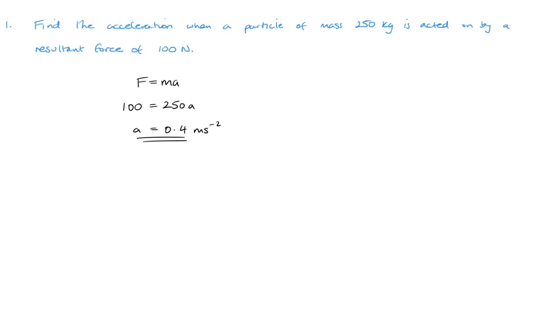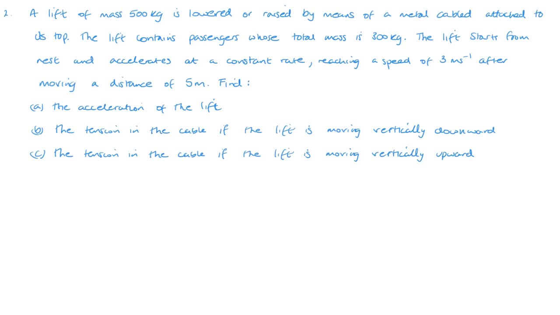Let's have a look at number 2. We have a lift, which I'll draw here, of mass 500 kilograms. It's lowered or raised by means of a metal cable attached to its top, and that will be T for tension.